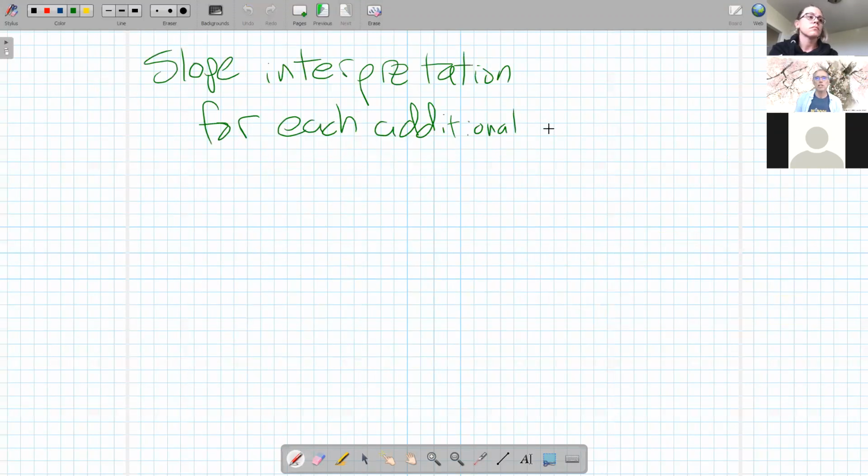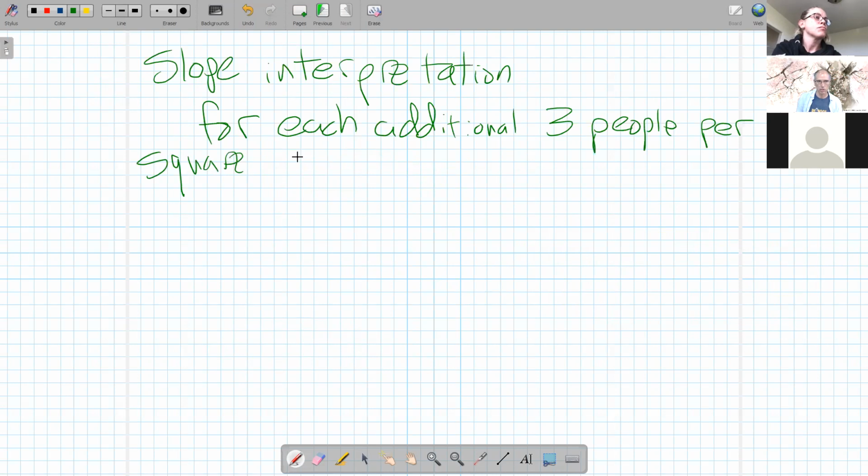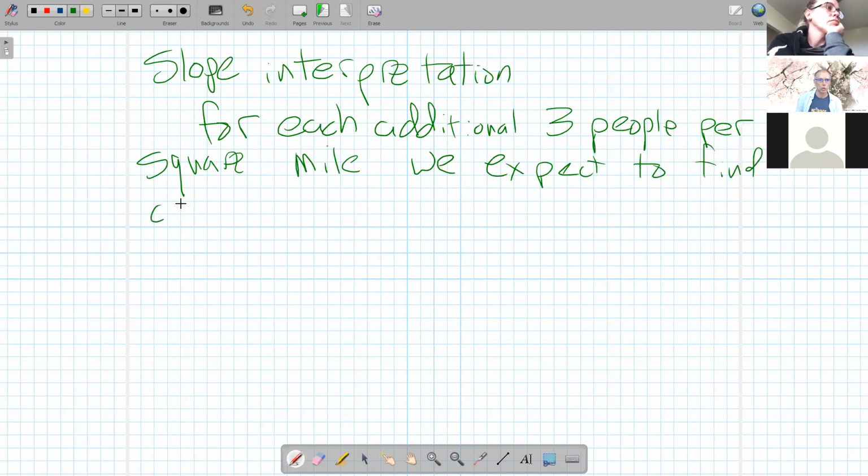So for each additional 3 people per square mile, we expect to find 1 more.